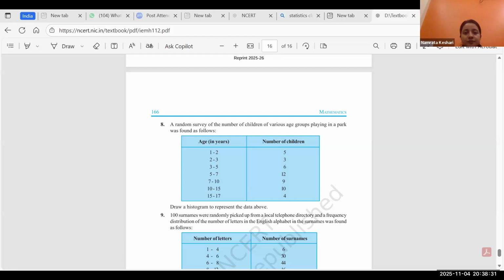Please check it. No. All these class sizes are not the same. Hence I am taking this question.